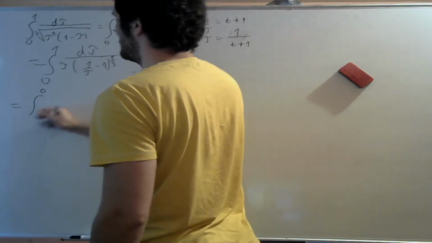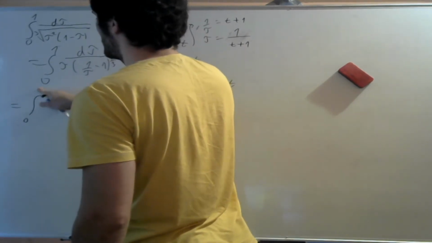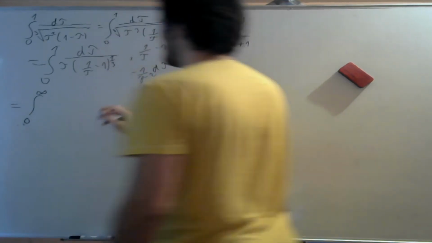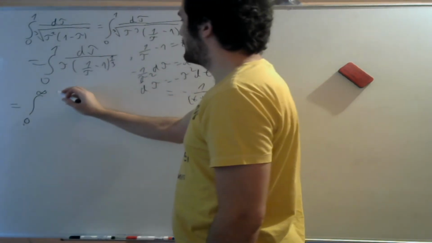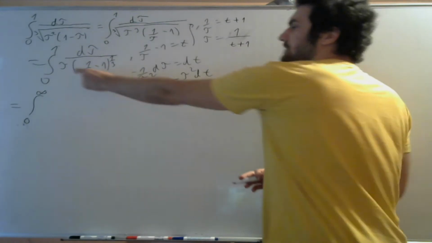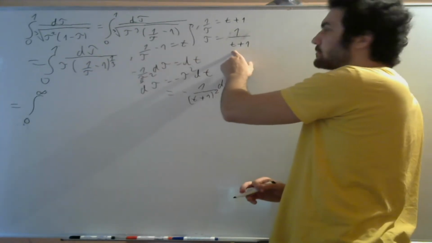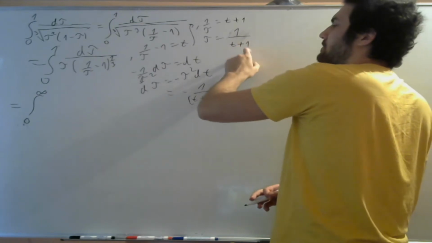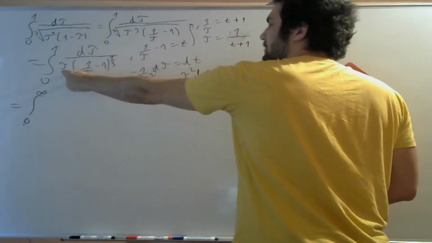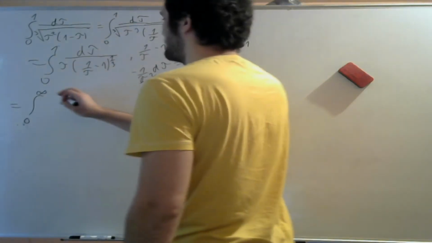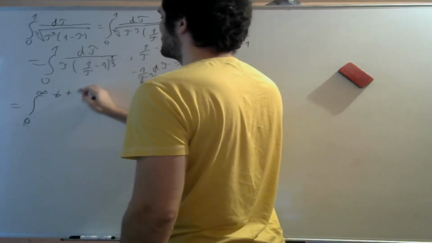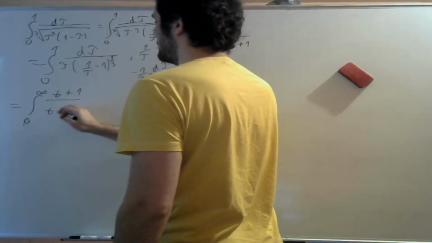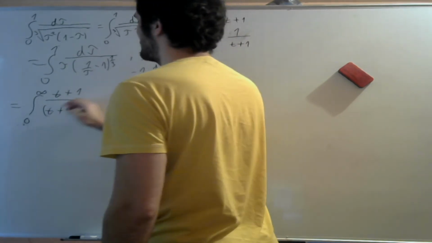So we will have the integral from 0 to infinity. Then we will have tau, and tau is 1 over t plus 1. So this one will be replaced by 1 over t plus 1. But since it's already in the bottom, we will move it up. So we'll have t plus 1 in the top and t plus 1 squared on the bottom.